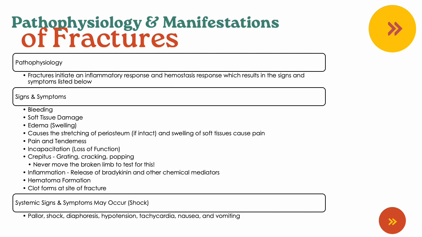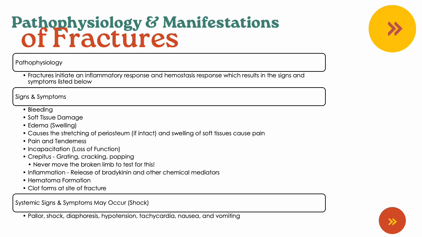You can have crepitus, which means that there's a grating, popping. One thing about a fracture that you should know as a nurse is you never want to move a broken limb to test for crepitus. If you don't actively hear it on your assessment, it's best not to move the extremity because you could cause further damage.